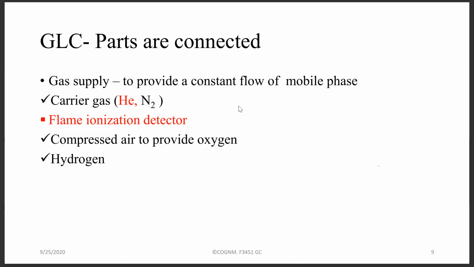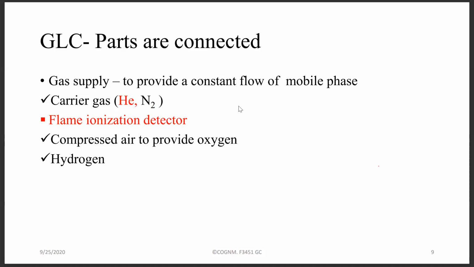One of our detectors, which we look at, is a flame ionization detector. What they're trying to say is that for the flame ionization detector to work, combustion usually occurs between oxygen and hydrogen.